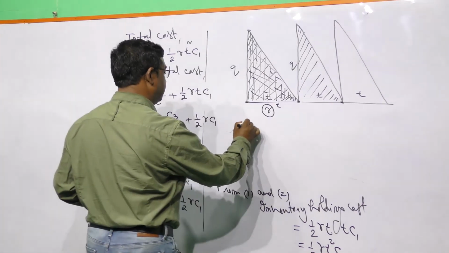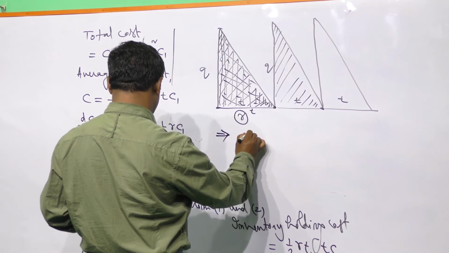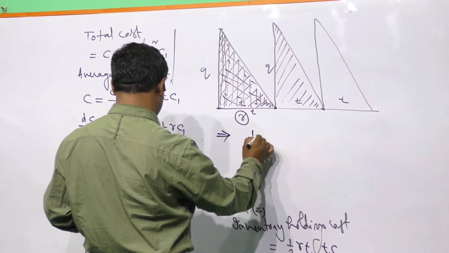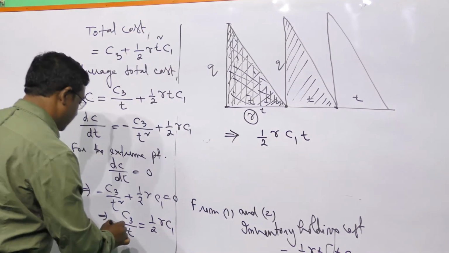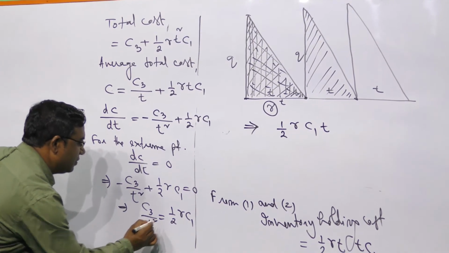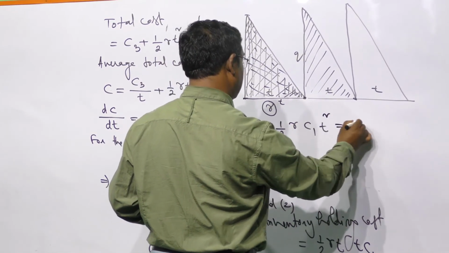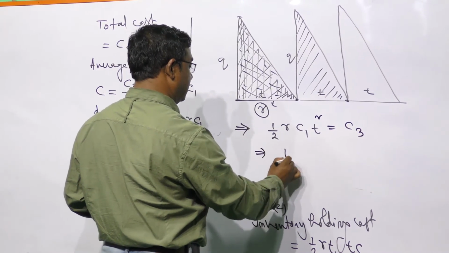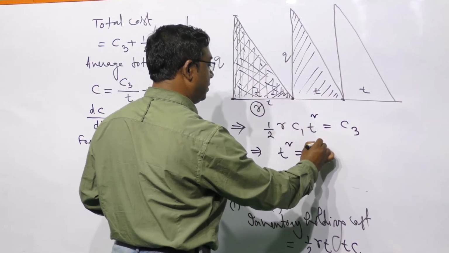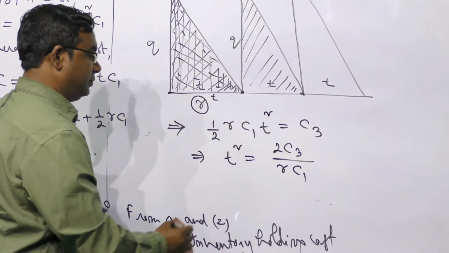Then T square equals C3 divided by half R C1. This implies T square equals 2 C3 by R C1.